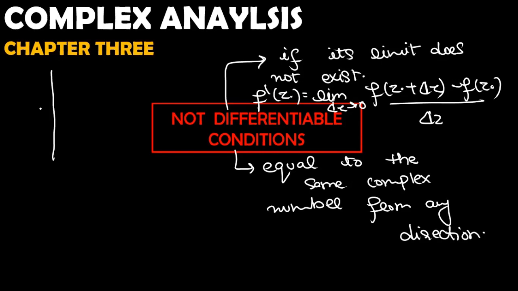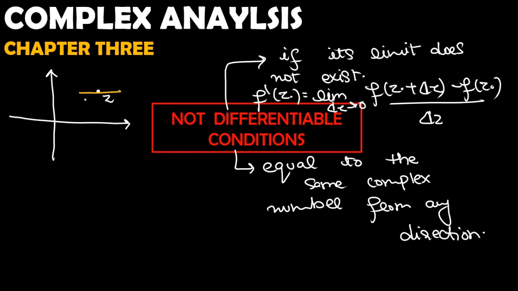This is our complex plane, this is our real line and this is our imaginary line, right? So if we have a function f of z approaching a point z, then we will check the function f at point z from four directions. If it is differentiable from all four directions, then it is differentiable.